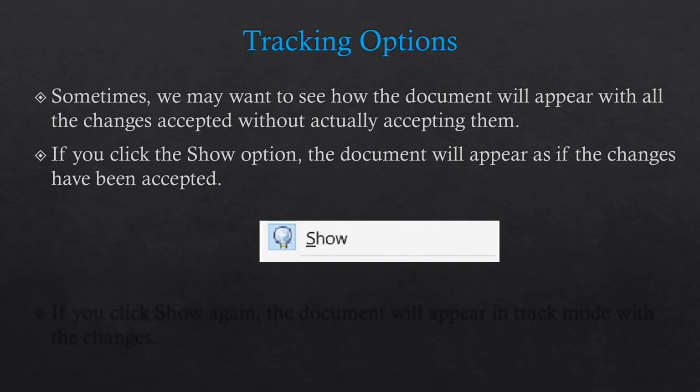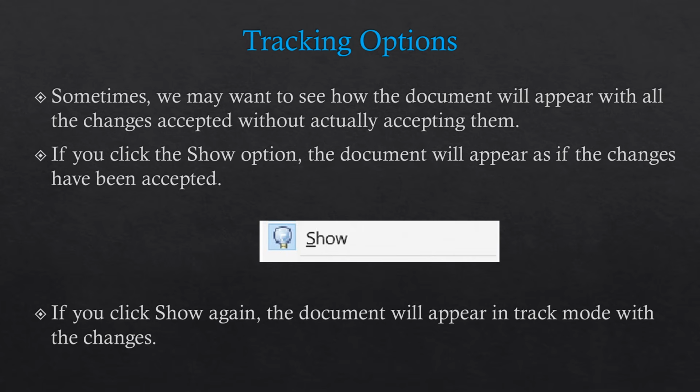The document will appear as if the changes have been accepted, whereas you will not accept all the changes, but the Show option will make the document appear like this. So you can decide whether to accept the changes or not. And if you click Show again, the document will appear in track mode with the changes. Means you will be shown the changes again.